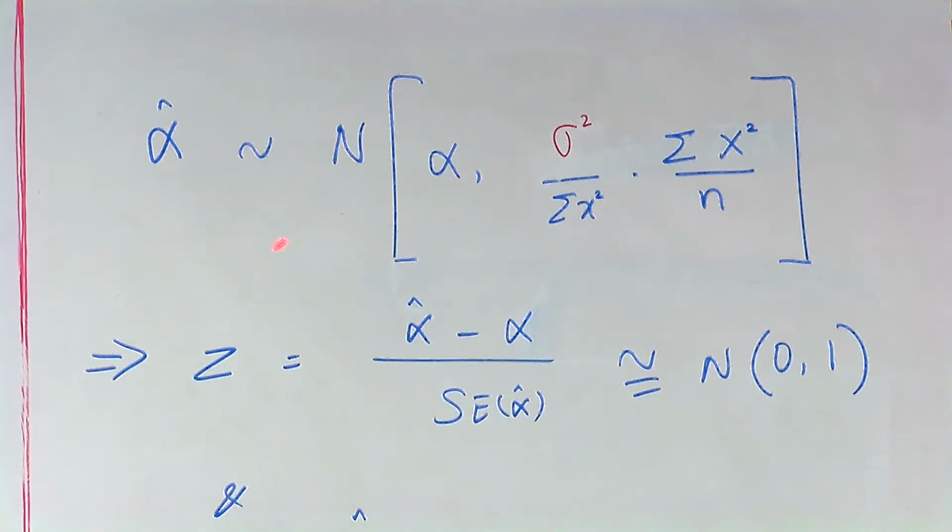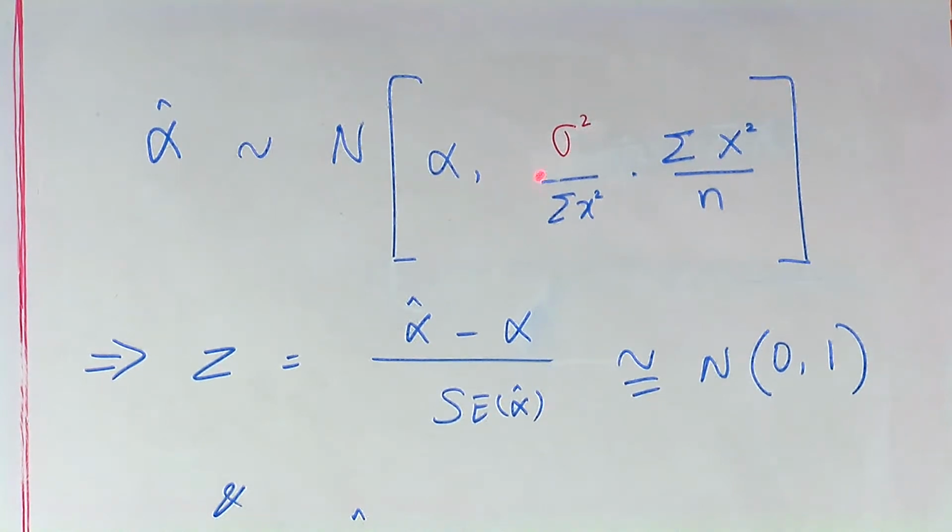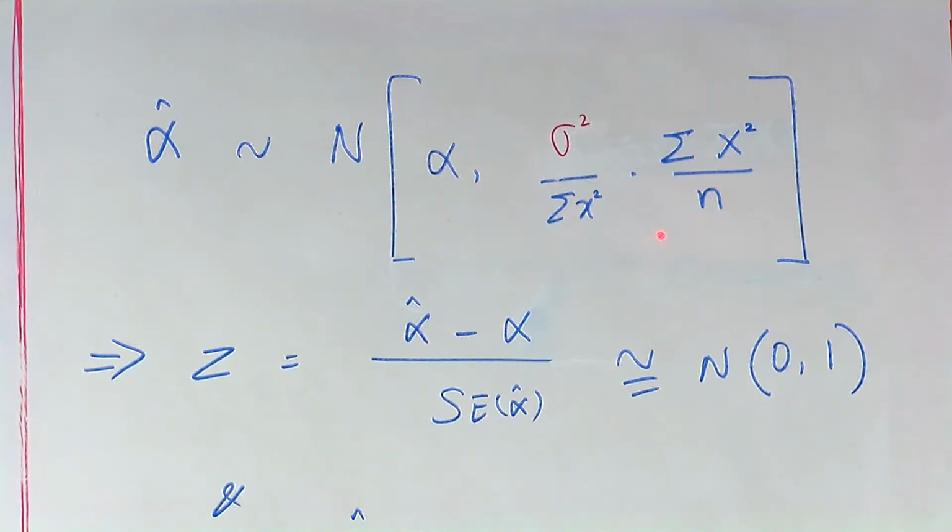Alpha hat follows normal distribution with alpha as mean and sigma square by sigma x square into sigma capital X square by n as variance. This is nothing but the variance of alpha hat we saw previously.